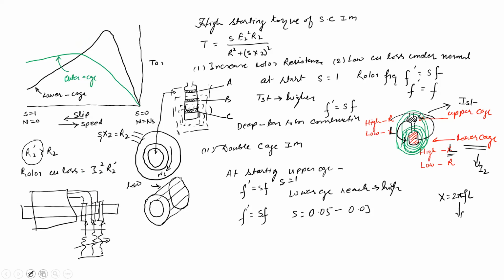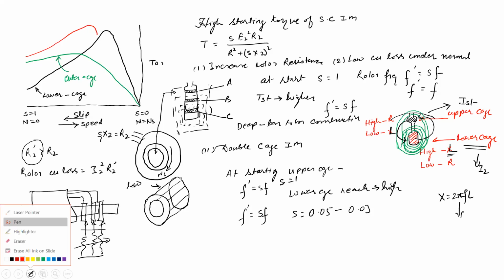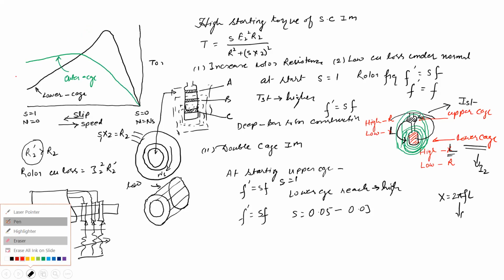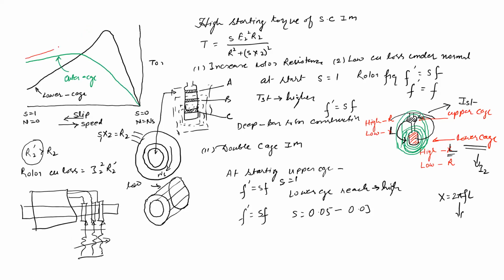And finally, the equivalent torque, or the useful torque, is in this way; this is the total torque. The maximum torque does not increase; it is the occurrence of maximum torque that changes.